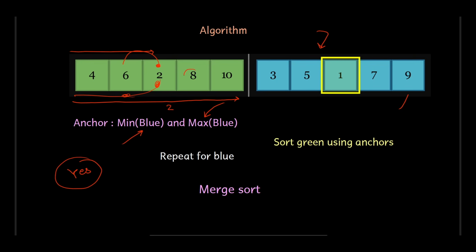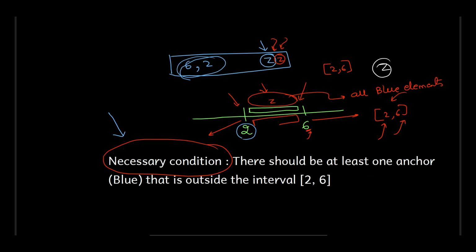So the next comparison that you will do is for 8, you will do this for 6, 8, and this way you will be able to sort all the green elements, and then you can repeat the same thing for the blue elements. All you have to check is the existence of anchors, because if they don't exist, we know that was a necessary condition, right?